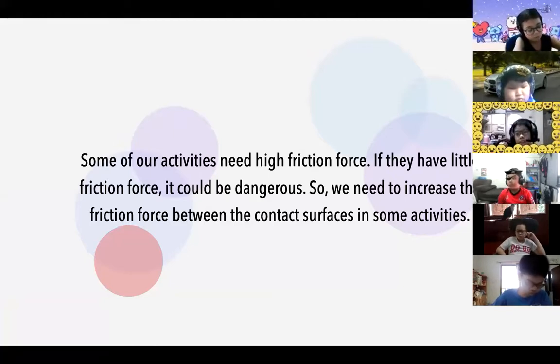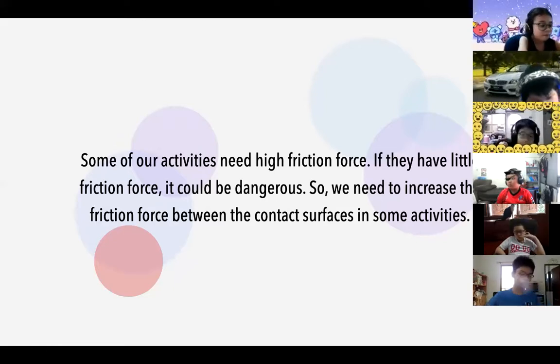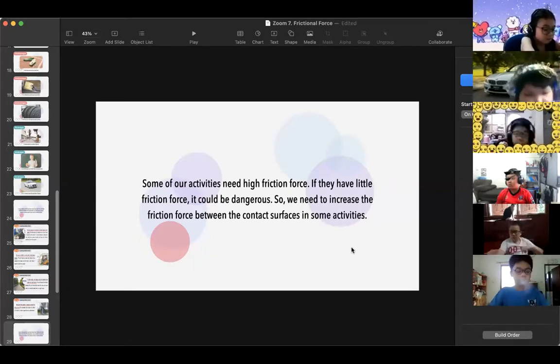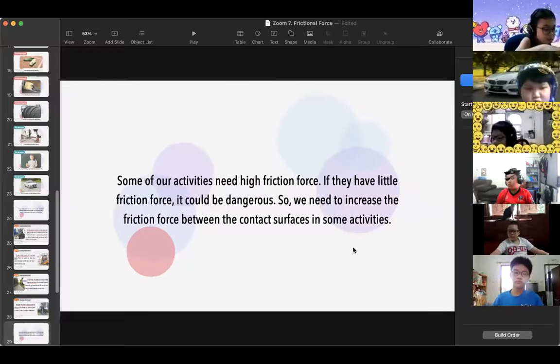If they have little friction force, it could be dangerous. So we need to increase the friction force between the contact surfaces in some activities.